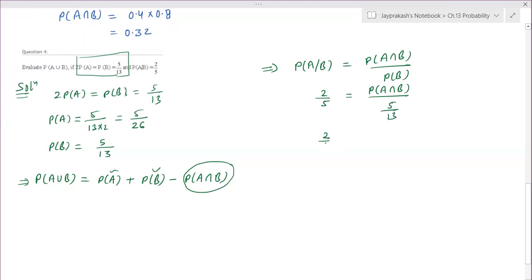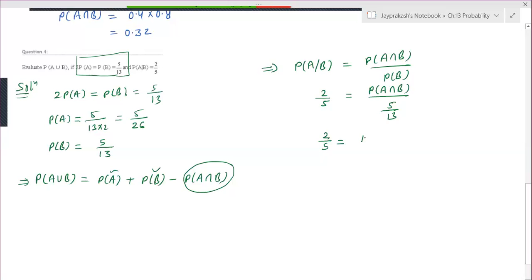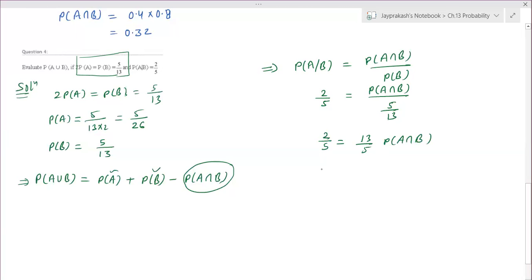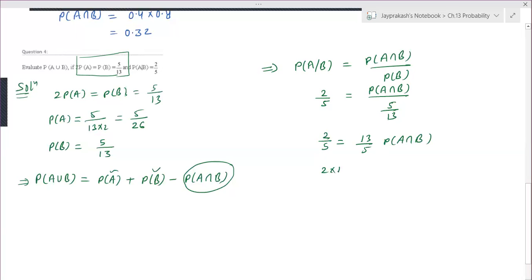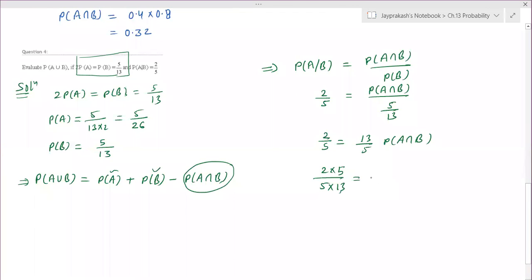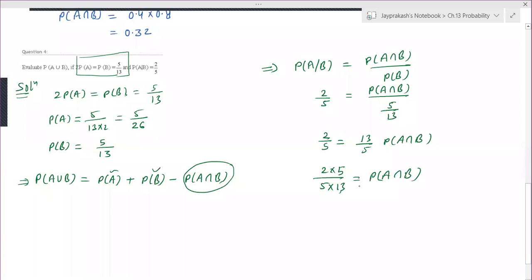When we cross multiply, we get 2 into 5 upon 5 into 13, so P of A intersection B is 2 by 13.